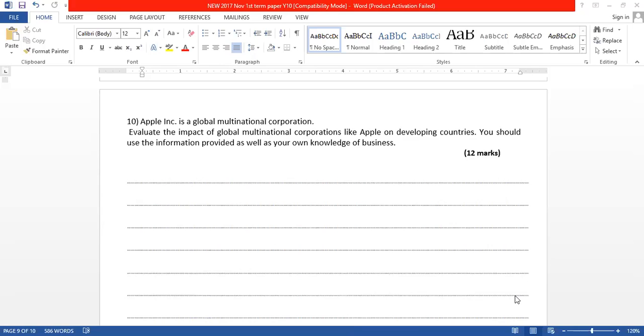When you're writing a 12-marker, you can start with the definition. In our question, you can talk about what a multinational company, MNC, is defined as. And then you can talk about the 2 advantages to the economy. For example, let's say Apple is operating in a developing country, let's say India.